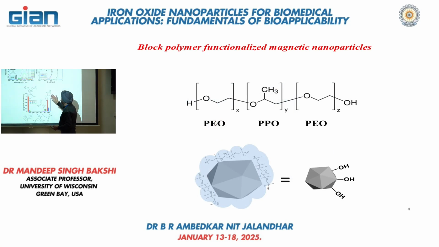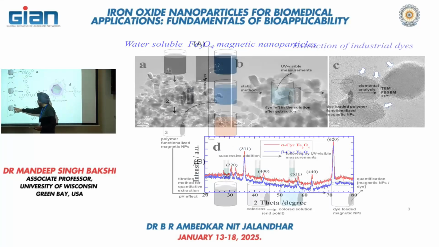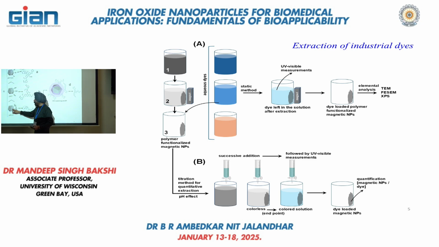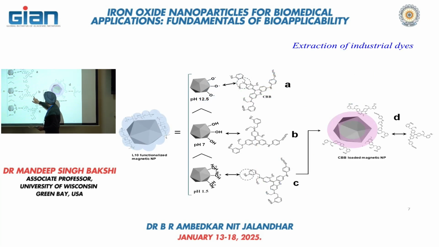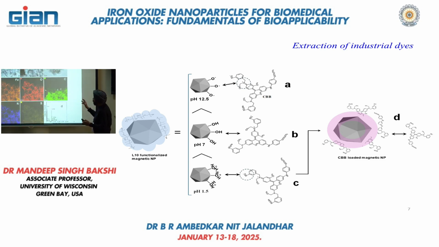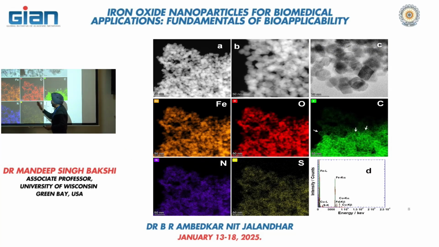And there is no nitrogen in the magnetic nanoparticle, it's iron oxide. So therefore, nitrogen is here, here, and here. The nitrogen which you see is part of the dye molecule. So in the sample, the mapping of the nitrogen is only because of the dye molecule. That shows the extraction of the dye.